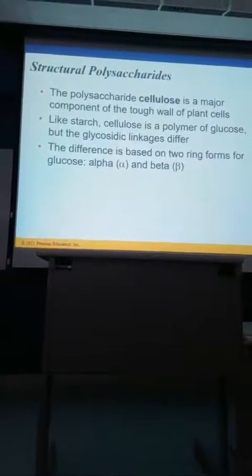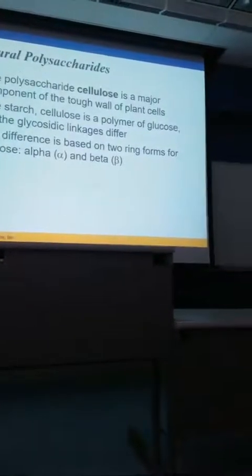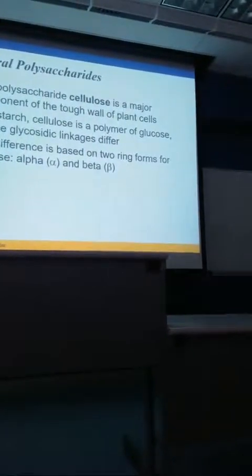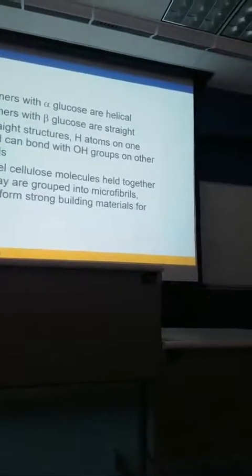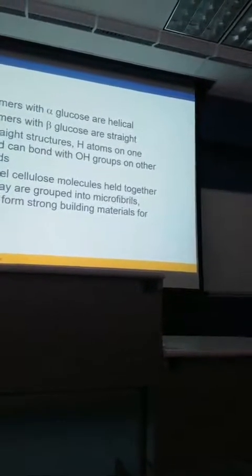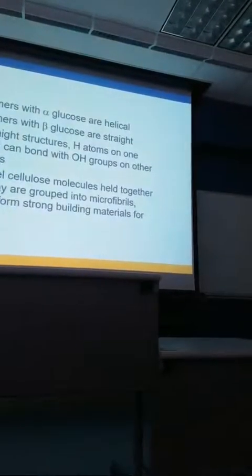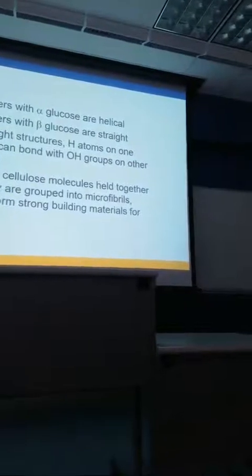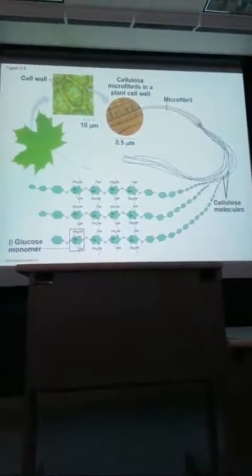Remember, cellulose is unique because it has 2 kinds of bonds, alphas and betas. We can break the one, but we can't do the other. Can't break the beta. This shows the bonds on cellulose.